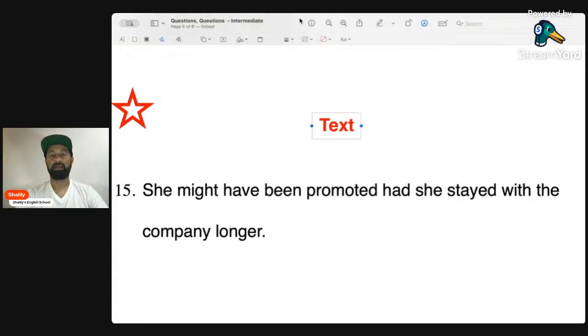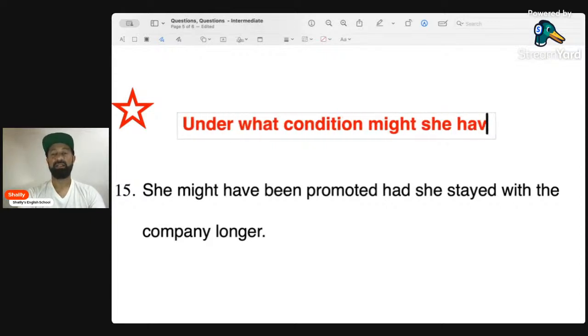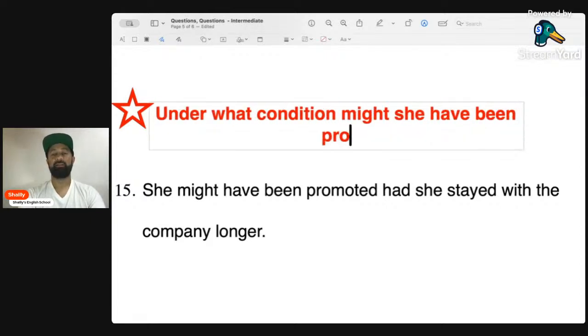All right, so what I will do here, I'm going to begin my sentence with the word under. Okay, under. So, under what condition might she have been promoted?